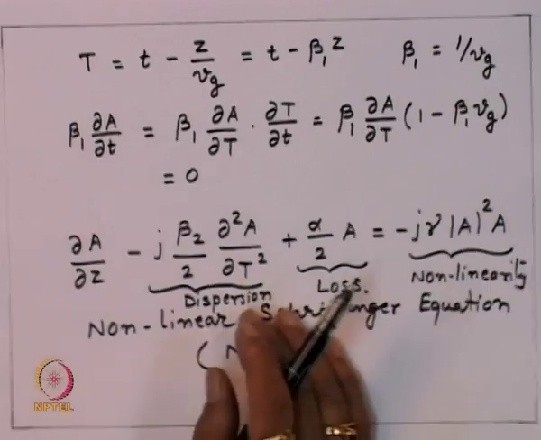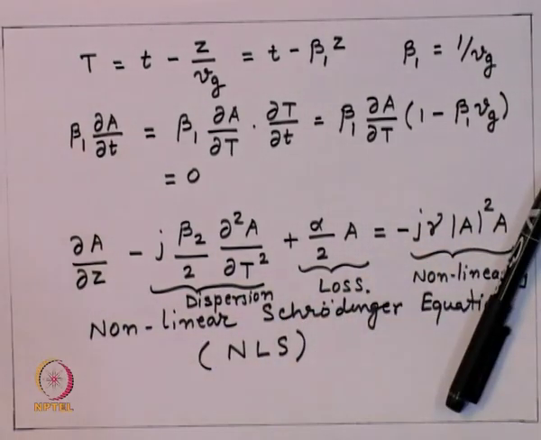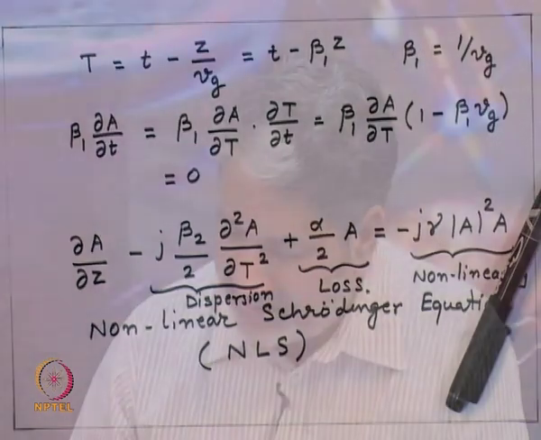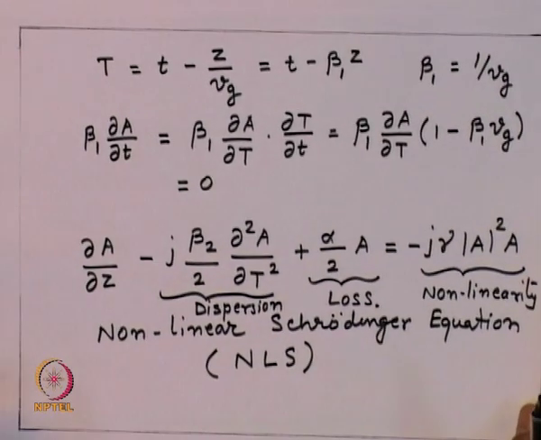What one can do now is define certain parameters which characterize these three quantities. One can define two parameters which characterize the length over the optical fiber related to dispersion and nonlinearity. Let us consider a situation of Gaussian pulse propagation.